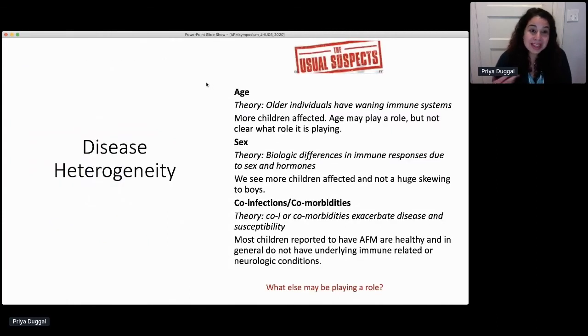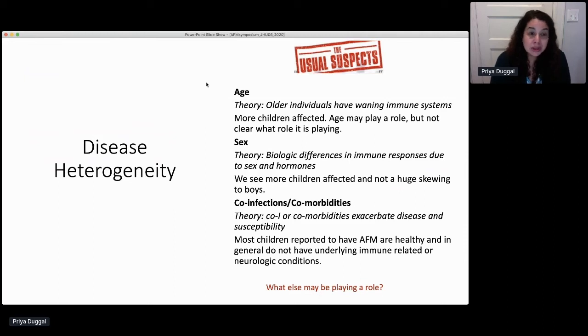And so then when we think about AFM, with all of those factors, is there actual disease heterogeneity in AFM? And we've already heard from several speakers that there is. Some of the usual suspects of the contributors to that disease heterogeneity, outside of the virus and the host genetics, are age, sex, and co-infections. So with age, we're dealing with children.